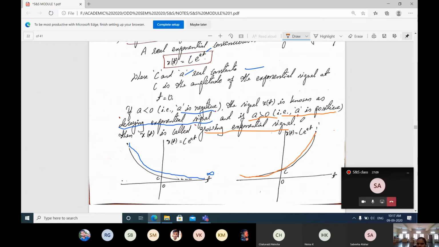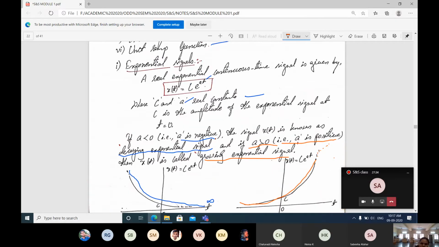Based on the amplitude and the a and c values, I can decide where it is going to reach. For that reason, it is shown as an infinite range. When a is less than 0, it is decaying exponentially. When a is greater than 0, it is growing exponentially. This is the exponential signal.